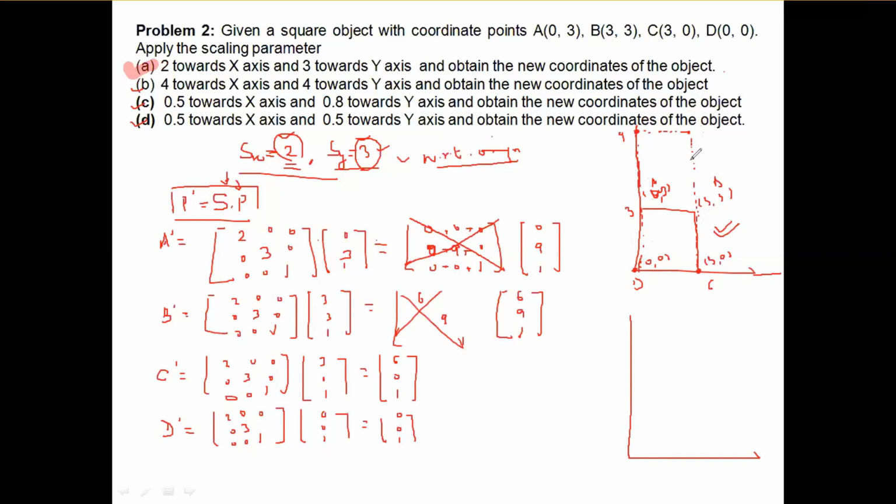Here is one more point I want to make. When any vertex of the object lies at the origin, no translation takes place when scaling is done.